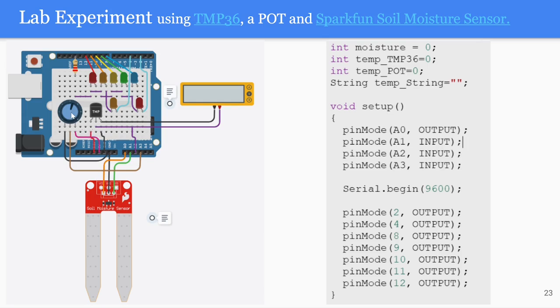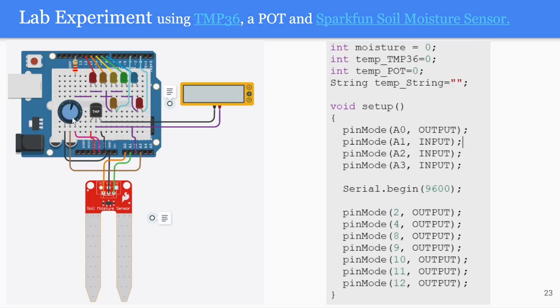Okay. The third one I'm also going to call a sensor, because this is just emulating any other type of temperature sensor, because this is a pot. It varies the resistance, and the change in resistance basically causes the change in voltages.